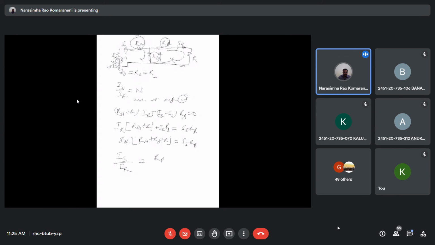Is it visible? Yes, sir, now visible. Look, now if we rearrange this equation, IS by IR, we'll get this in terms of RA plus RB plus R divided by RB.